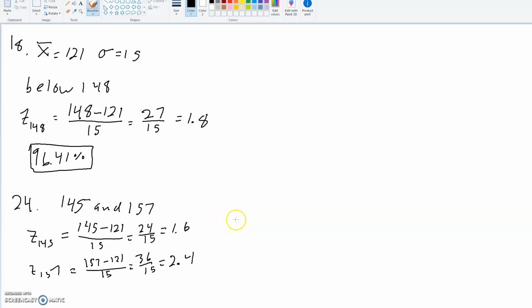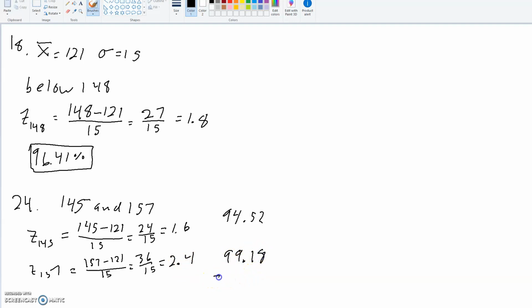Now we're going to find the percentile of each of these and then find their difference. A z-score of 1.6 has a percentile, which you can find in that table, of 94.52. Additionally, if we look at 157, the z-score of 2.4, we'll see that it has a percentile of 99.18.